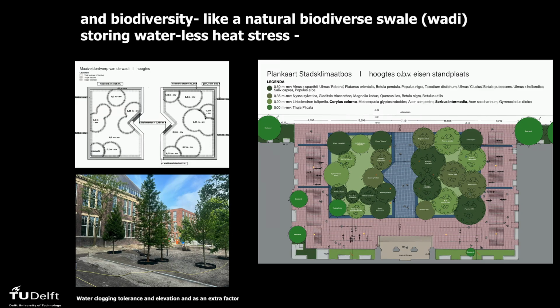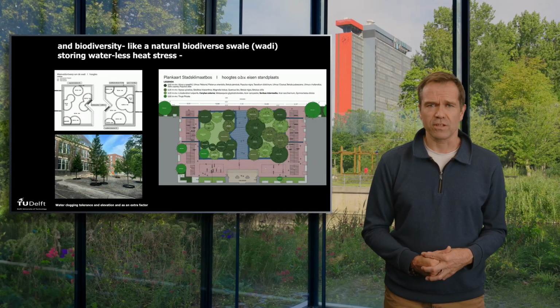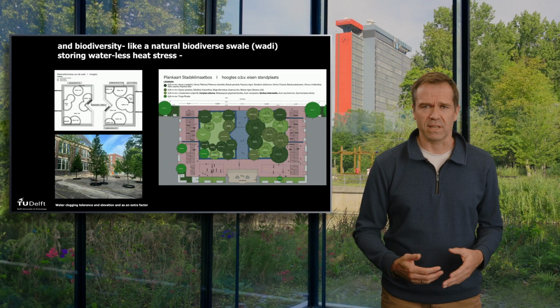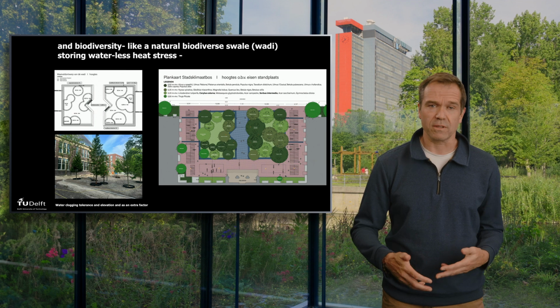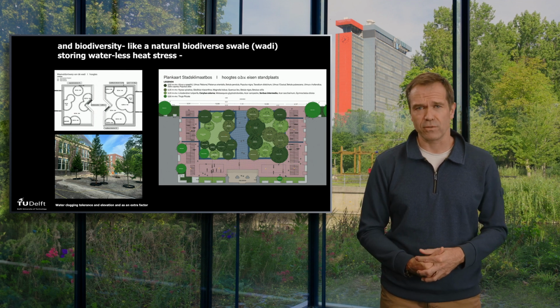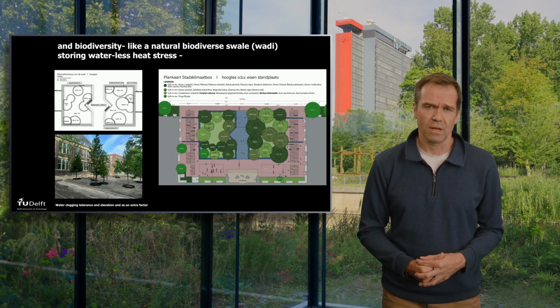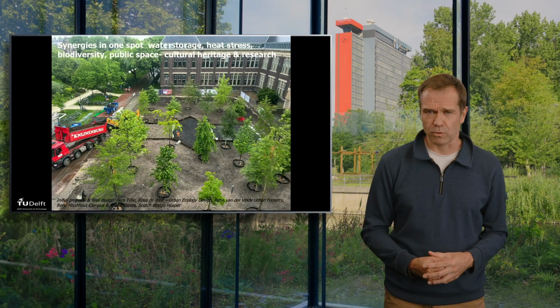This created the excellent conditions for a mix of biodiversity by adding bulbs, annuals, biennials, perennials of local plants, but also shrubs for birds and insects, and the trees. In short, we were able to introduce a layered landscape at this spot. The different elevations meant we had also different habitats. After all, biodiversity is diversity of species, but also diversity of habitats and different genetic backgrounds. All in all, synergies in one spot.